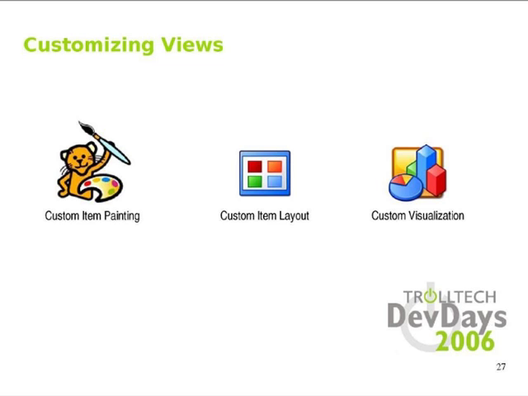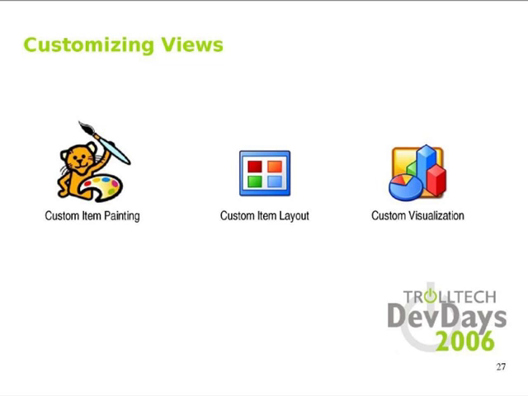If we just want to have the items look or behave a little differently, we want to essentially do custom item painting or custom items. And the way to do that is to re-implement the item delegate, that happy little guy with the paintbrush that I pointed out in the beginning. That's the little guy that's responsible for editing and painting each item.